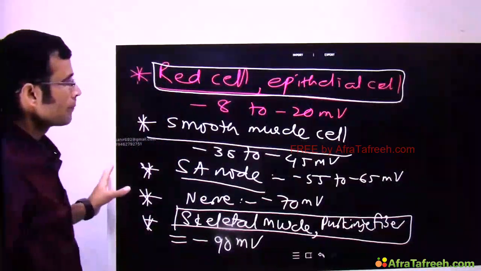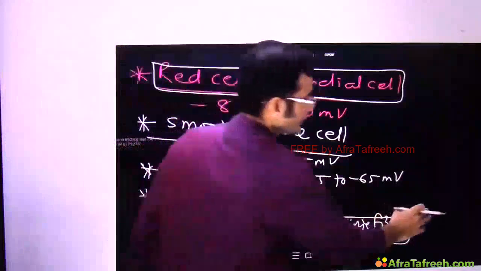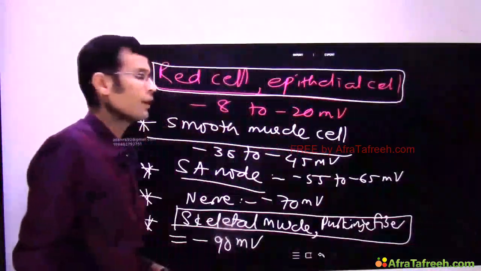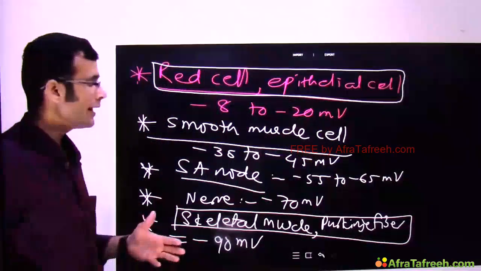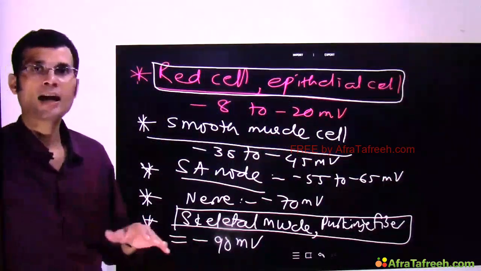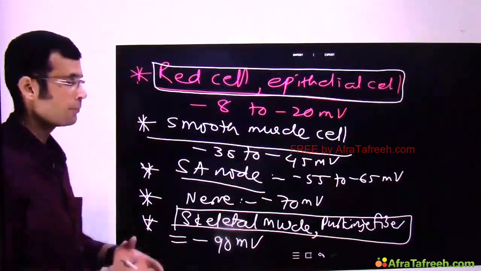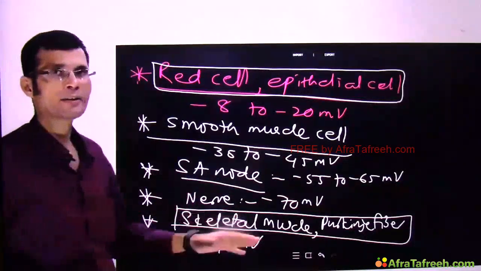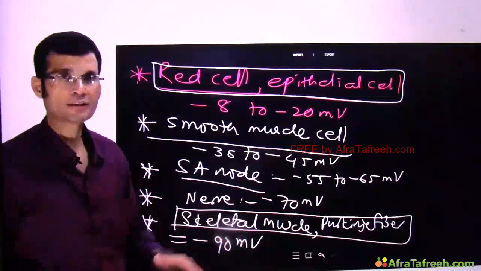Now, there was one question: for which of the following cells is the transmembrane electrical gradient highest in the body? Which cell will have the highest transmembrane electrical voltage difference?